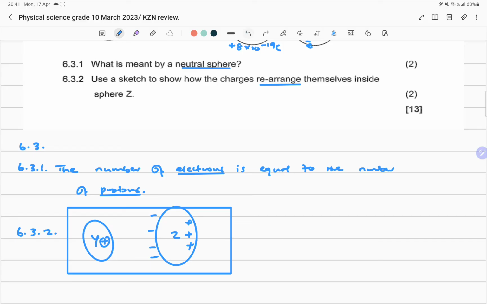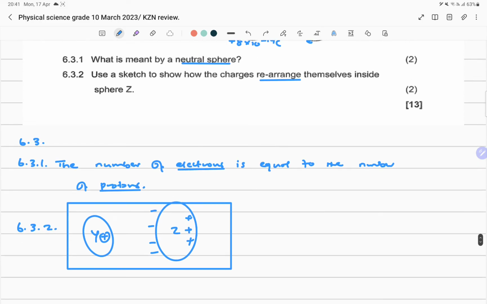It doesn't matter. So I don't know how you're going to show it, but for just 2 marks, I think that what matters is to know that these ones will rearrange so that they face these ones, because there is an electrostatic force. This charge is going to try and pull these electrons from that one.